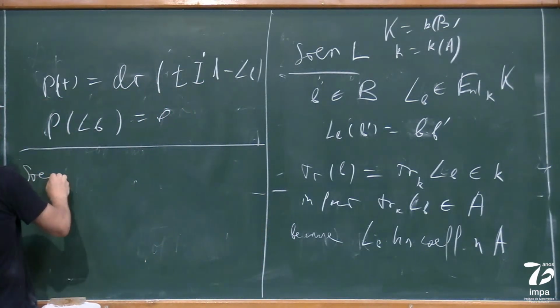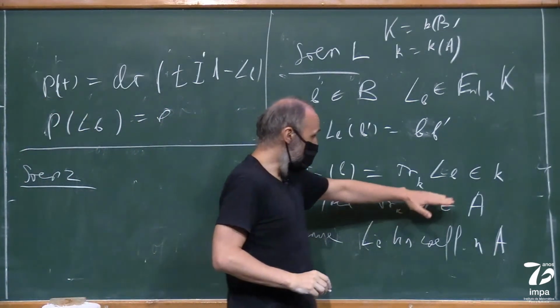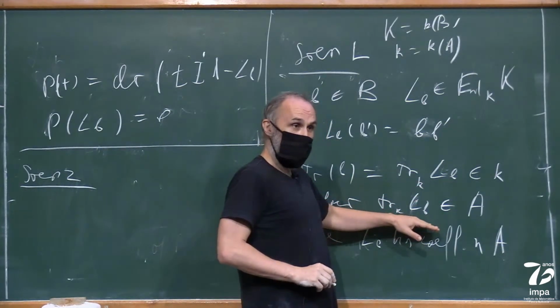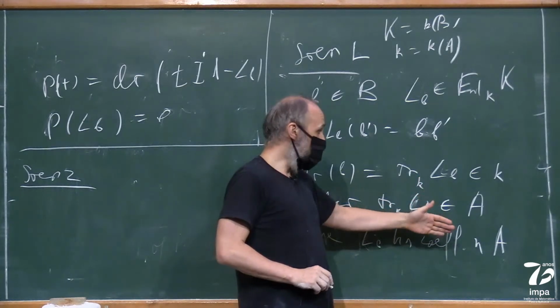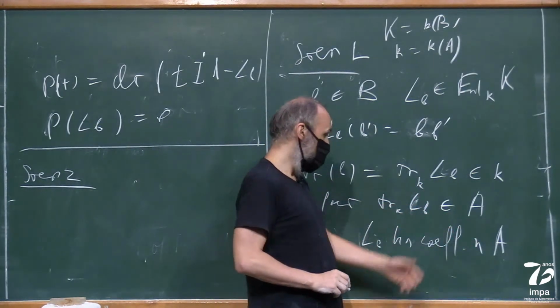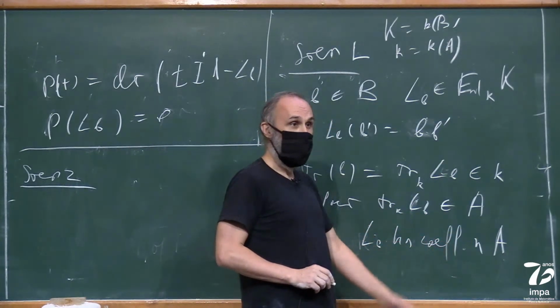Step 2. Okay, so you have a basis in B such that LB acts on this basis by matrices which have coefficients in A. Then its trace is integer.